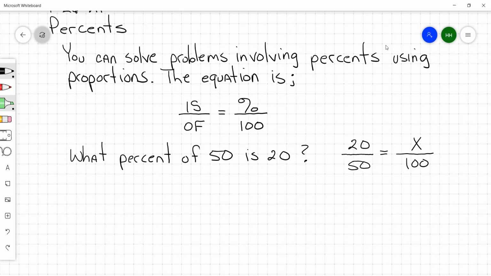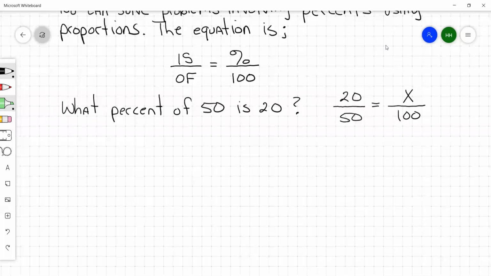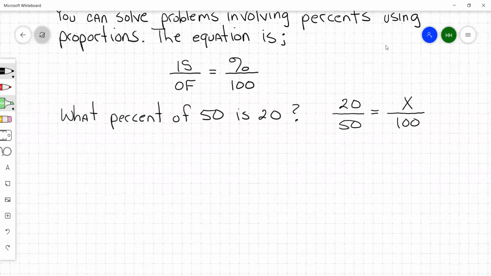Then you solve the proportion the same way you did yesterday. You crisscross multiply: 50 times x is 50x, equal to 20 times 100, which is 2,000.